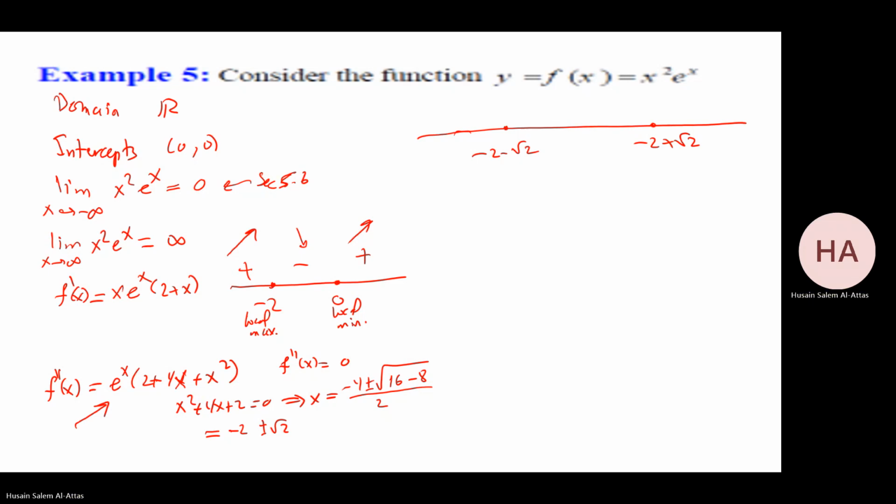Take minus 10, for example. Say minus 40 plus 100. 2 plus 4x plus x squared. Is there a minus sign somewhere? No. How does it come?